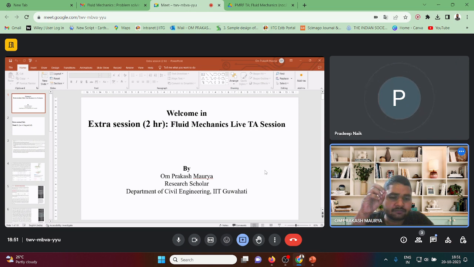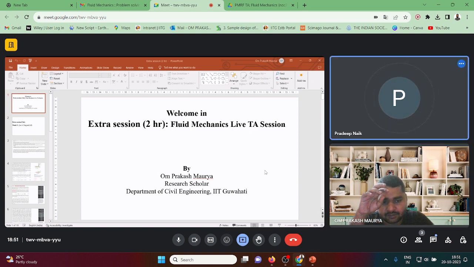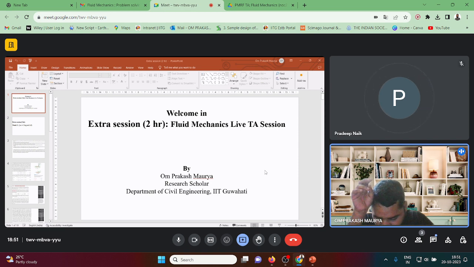Yes, sir. But if you want to calculate the percentage reduction in the fuel, you calculate the percentage reduction in the drag coefficient and multiply that by your 20%, then you can calculate easily.